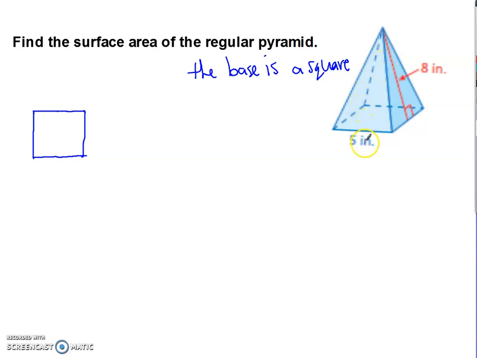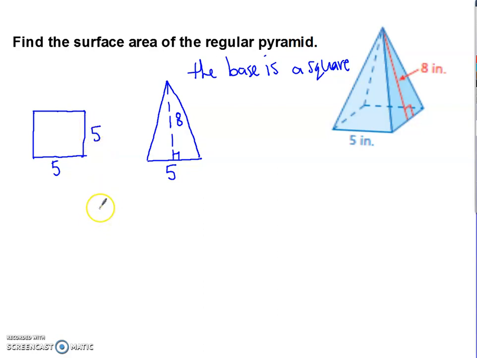All 4 triangles have the same dimensions. So I'm going to draw myself a triangle right here. Their base is 5, and their height is 8. The base is a square, and it's 5 by 5.